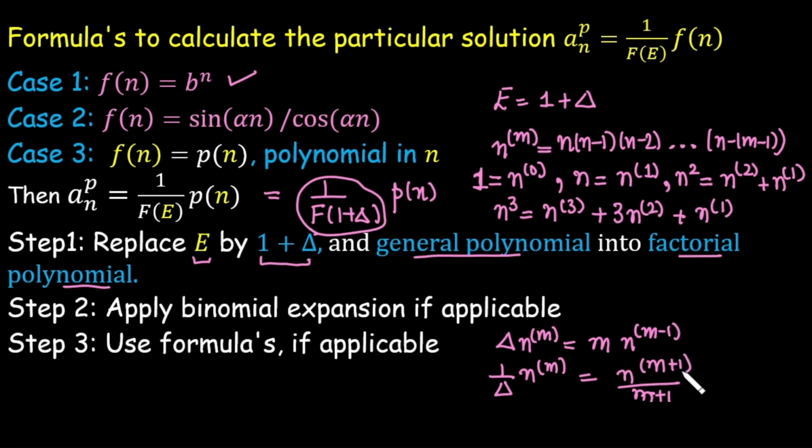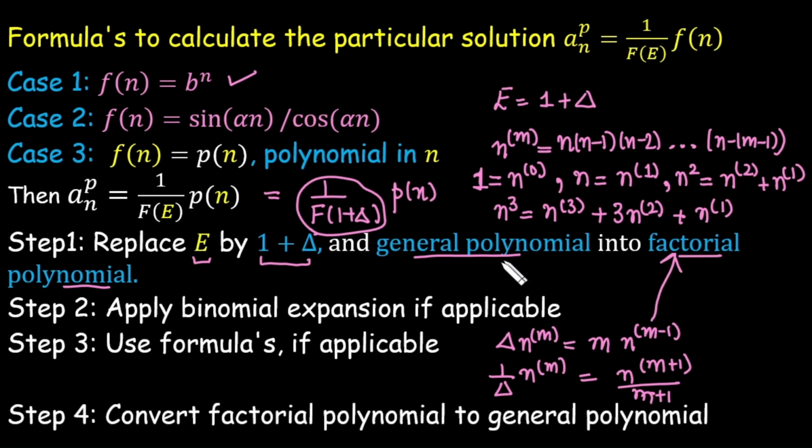Although these are not simple terms, they are basically factorial polynomials. At last, we created a factorial polynomial in step 1, so we need to go back to the general polynomial, and in that case you can use this formula. So we need to follow these 4 steps to find the particular solution in the case of a polynomial.